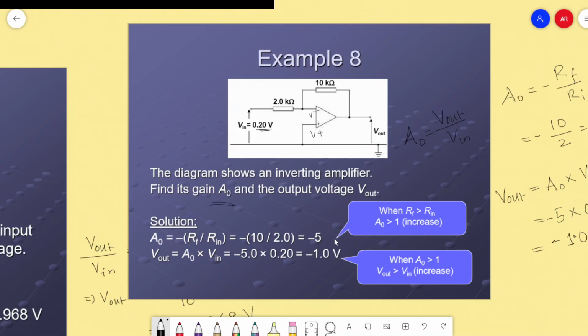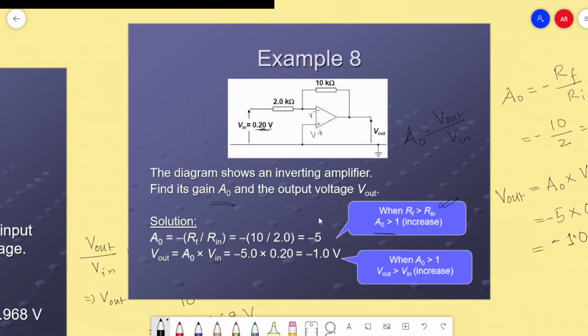The insight here is that whenever the feedback resistance is greater than the input resistance, the gain is greater than 1. And this negative sign, you understand that since it is an inverting amplifier, the output is going to be just the opposite of the input polarity.